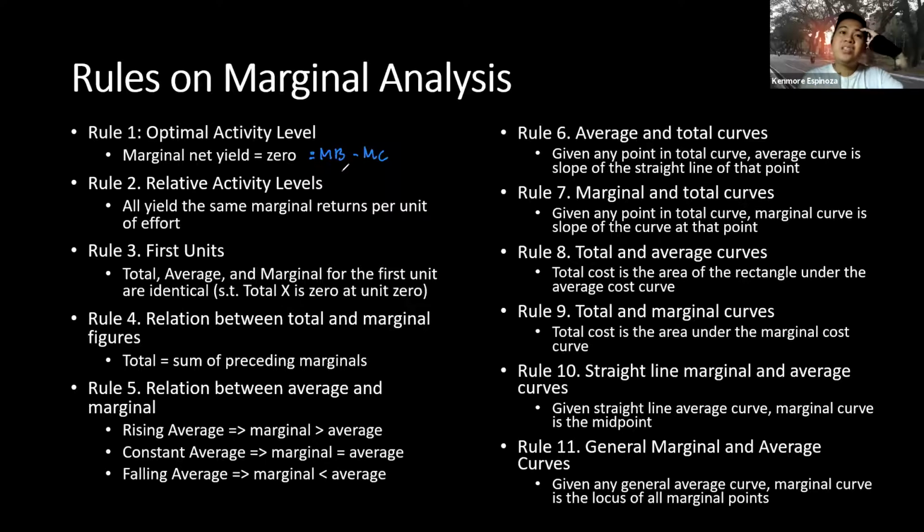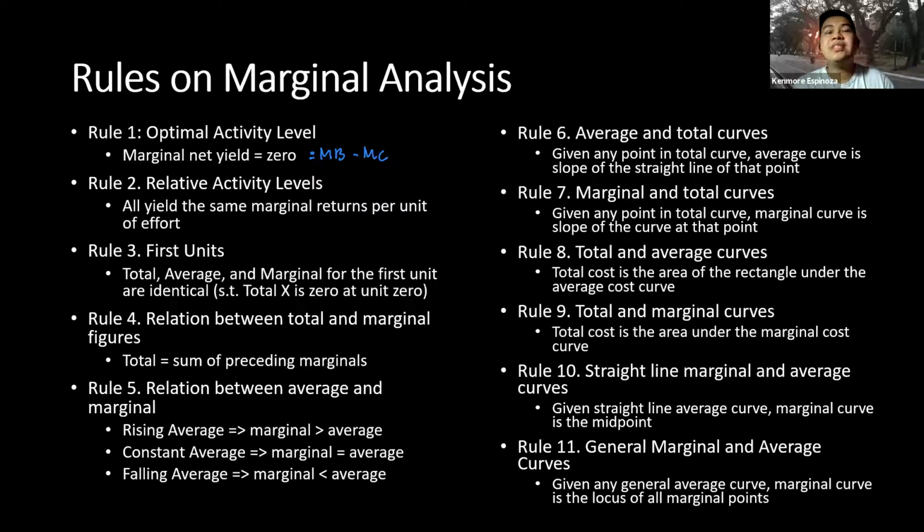Whenever your marginal net yield is zero, that is the point wherein you will stop consuming or you will stop producing. Because after that, your marginal net yield starts to decrease, magne-negative ka na. So what does this tell us? Our marginal net yield might be increasing over time.